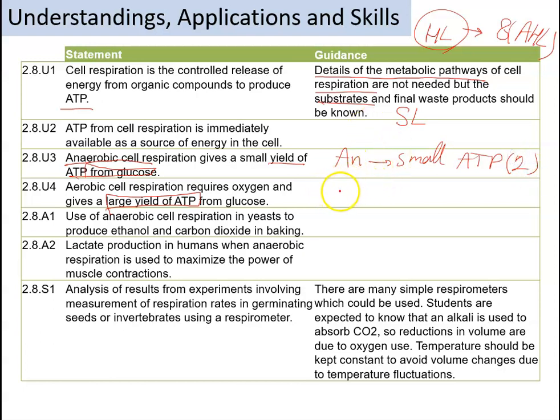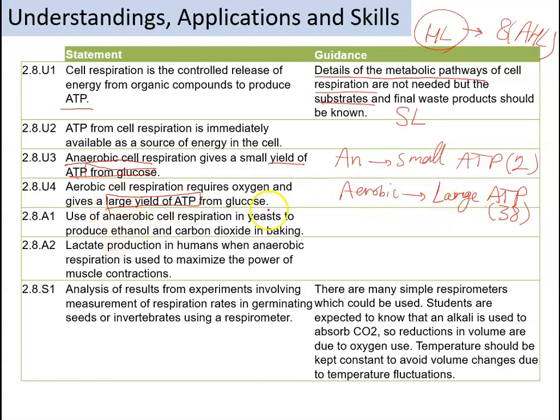And if it is aerobic, then we have a large number of ATP, which at the end will become about 38 ATP from one glucose molecule.